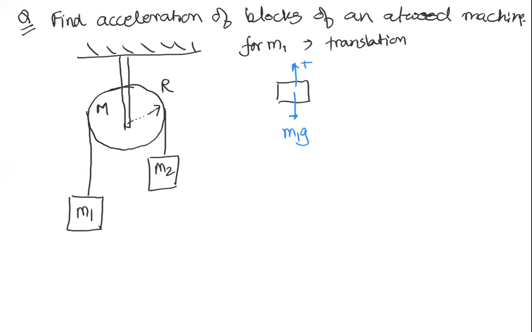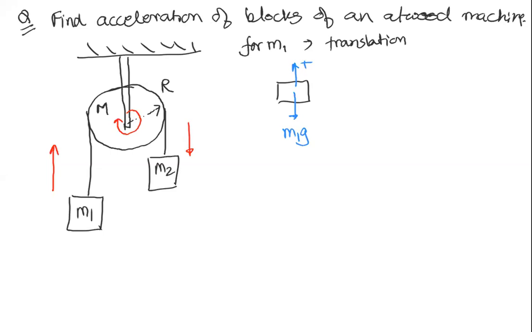I am assuming that this guy is moving up and this guy is moving down, and therefore this guy is moving clockwise. I am assuming that M1 is moving up, M2 is moving down, and the disc is moving clockwise. The pulley is moving clockwise. You can assume the other way around. You can assume both of them going up and the pulley going anti-clock. You can assume anything. If your assumption is wrong, you are going to get the negative answer. If your assumption is right, you're going to get the positive answer.